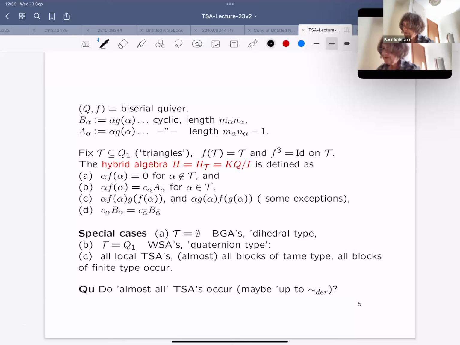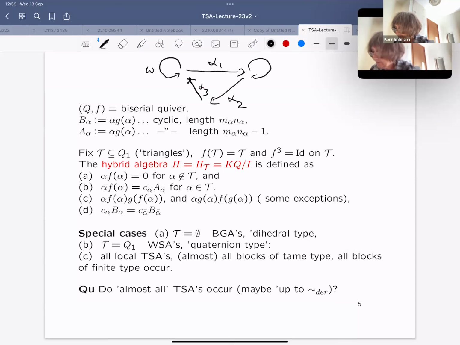Right, so let me introduce that. We have already introduced biserial quiver here. Let me look at an example again, alpha 3. Then we have a permutation G, which is a permutation of the arrows.